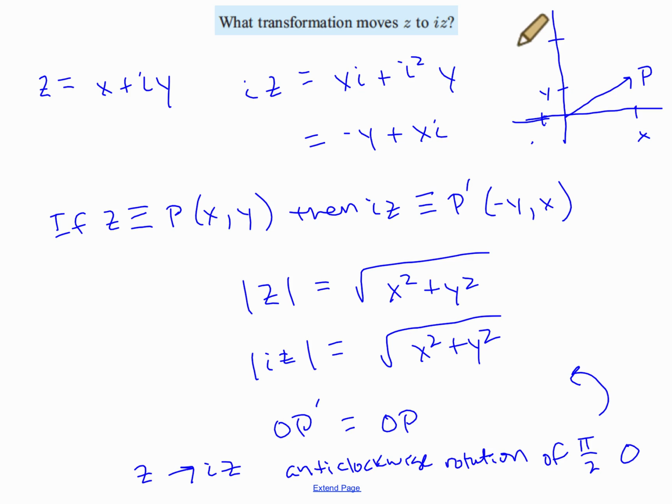You can kind of see how that would form a right angle. It's just switching the x and the y and negating, and the rotation would be pi over 2 anti-clockwise. I guess instead of anti-clockwise, we could have said negative pi over 2 about the origin.